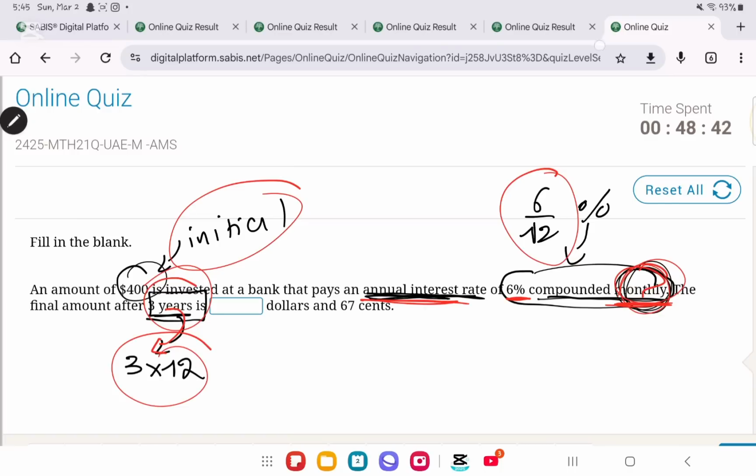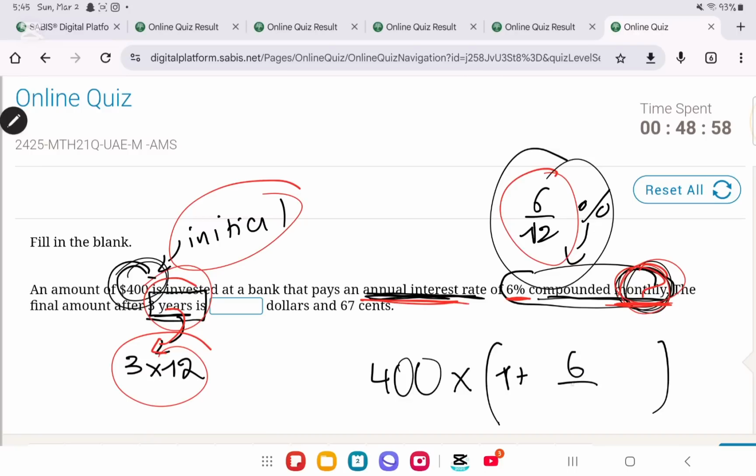So the initial amount, which is $400, we're going to multiply it by 1 plus the percentage earned yearly, which is 6/12%. And then we're going to raise it to the power of the number of months. So if it's 3 years, it's going to be 3 times 12 months.